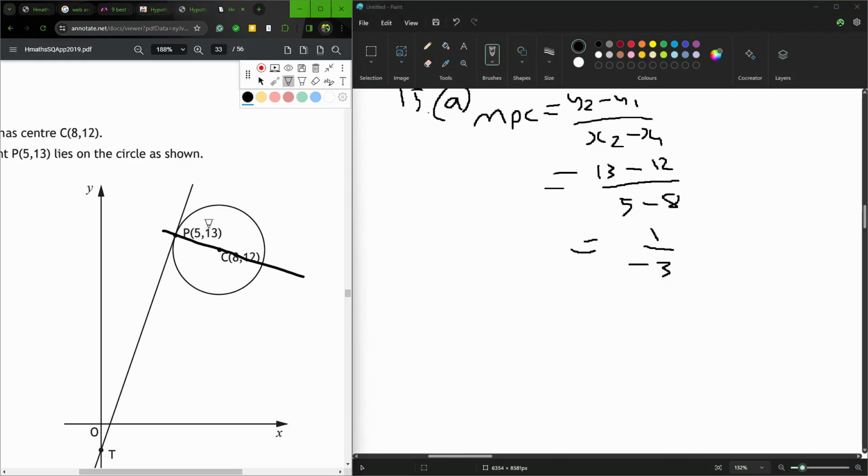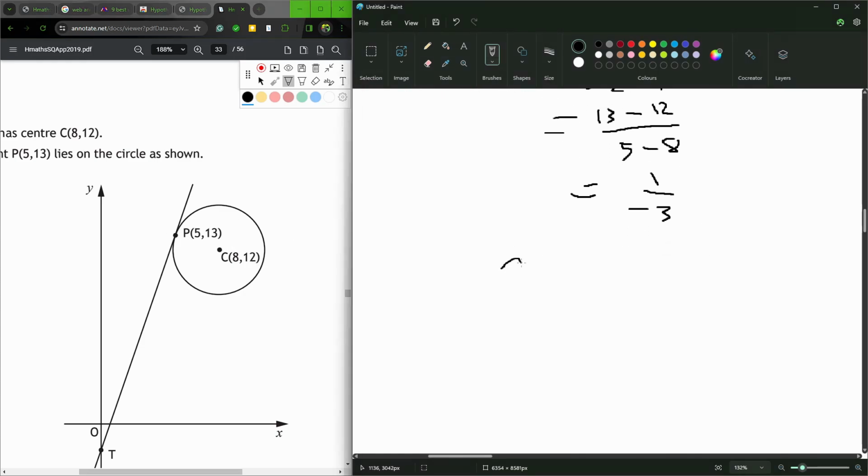So to get the perpendicular gradient, we flip the sign so it'll be positive, and then we flip it over, so the denominator goes on top and the numerator goes on the bottom, which means the perpendicular gradient is 3. That makes sense. It's a pretty steep incline.